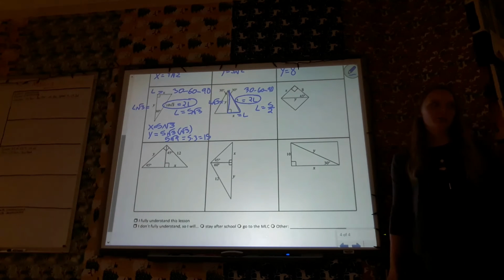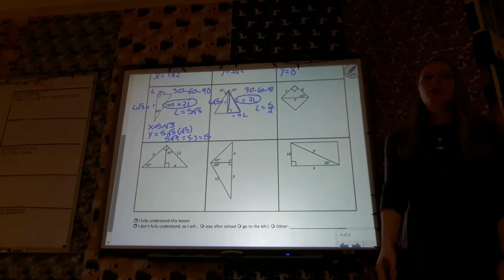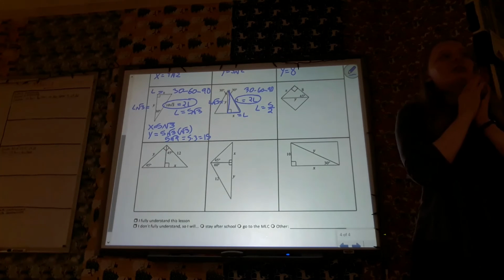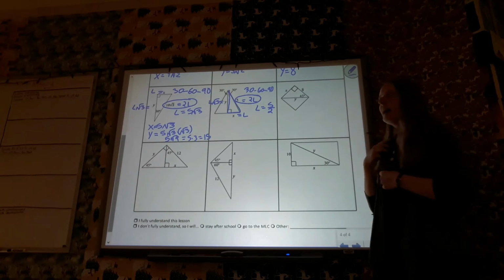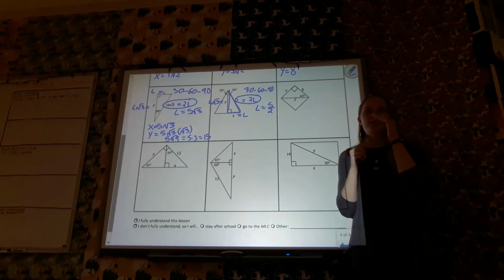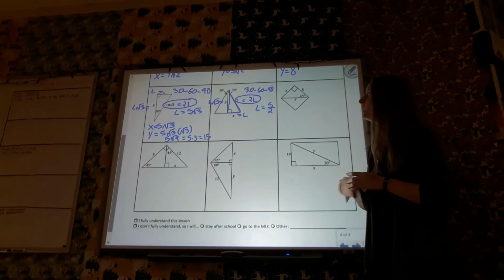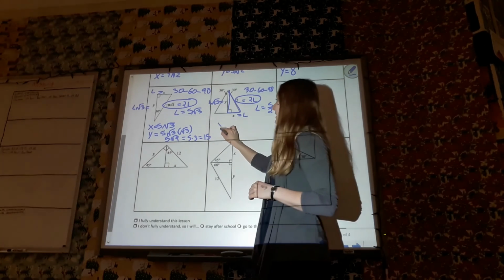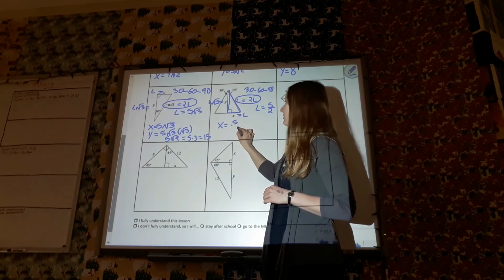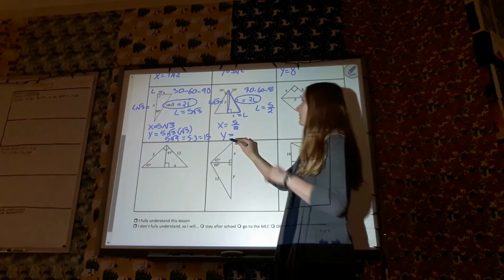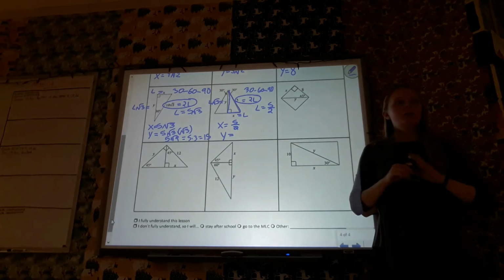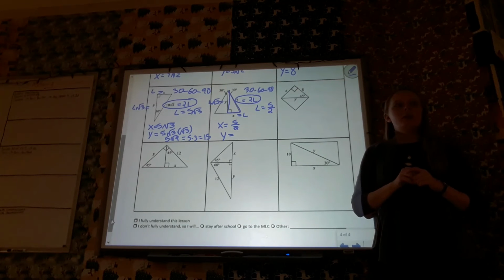You must write it as a fraction. You may not write it as a decimal. Whenever you're working within this context and giving me answers with radicals, it needs to be a fraction. So please leave it as 5 over 2. Alright, so I know what L is, so then what's the value of x? 5 over 2. And then the value of y? 5 over 2 root 3.